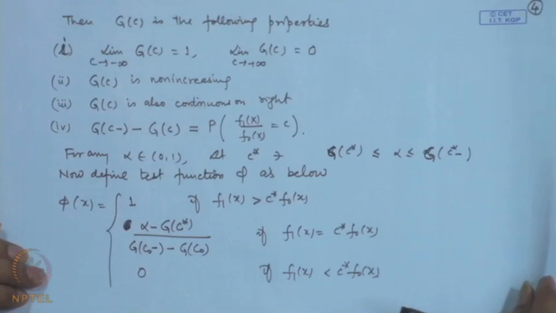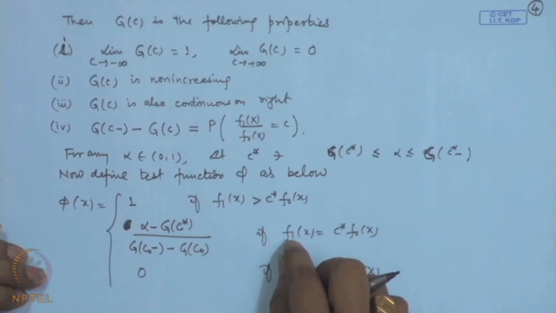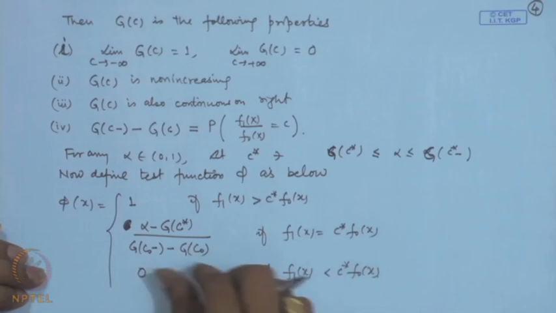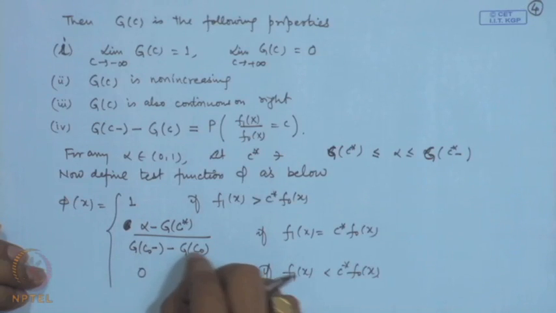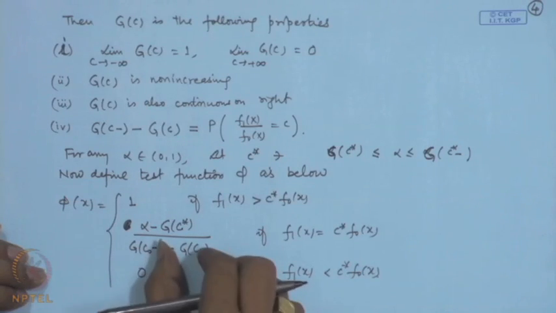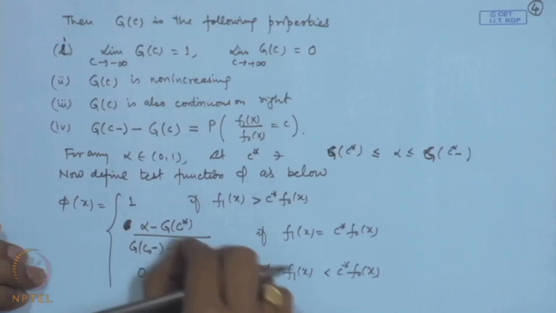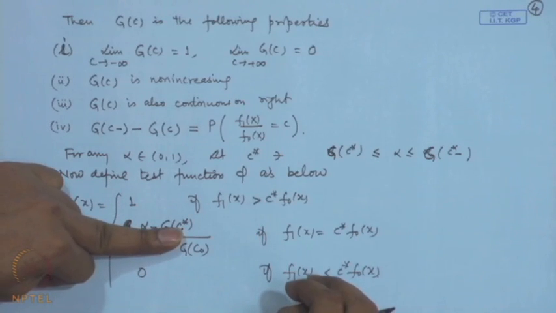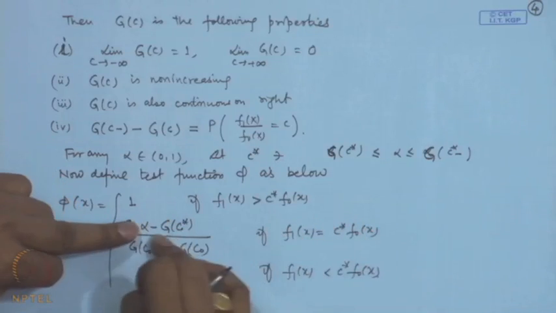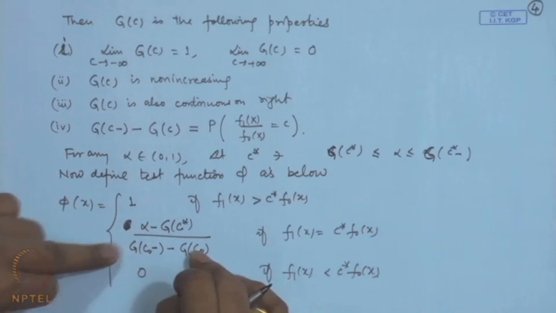Now, actually, if for example, g c naught minus is equal to g c naught, that means, if it is continuous, then this expression will actually become meaningless. In that case, we do not have to define this. So, we do not have to consider this when it is continuous.